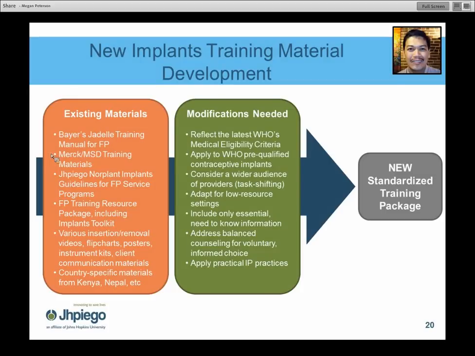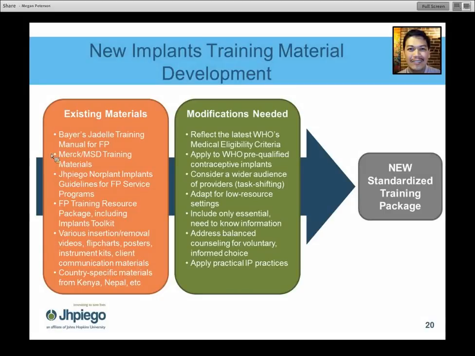And one of the things that we always do is we look at the information that's available and drill down to only the essential need-to-know information in order to be able to deliver high-quality services. The other component that we really made sure is there is a stronger counseling process, in order to ensure that clients make the right, voluntary decision to use the method.